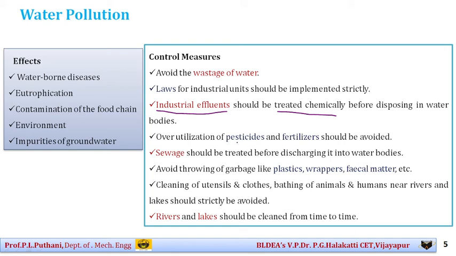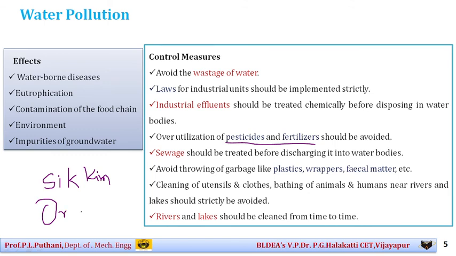Then, apart from that, as I said, try to reduce the use of pesticides and fertilizers. Already, students, in our India, there is a state known as Sikkim, which has already banned the use of fertilizers and pesticides in their state. The state government itself has banned them, and they have opted to go for only organic farming.